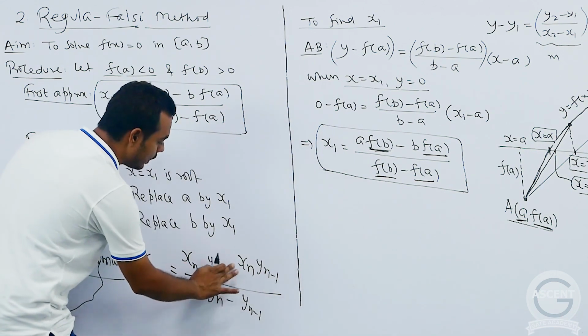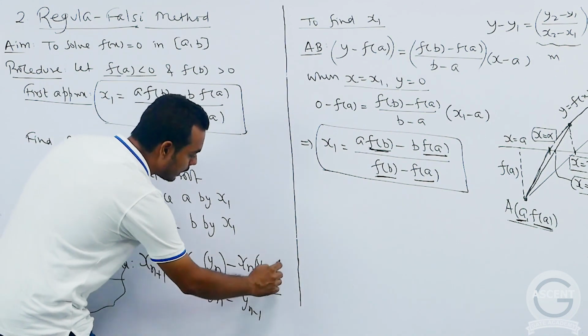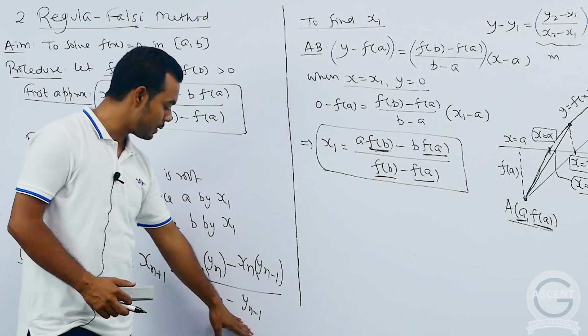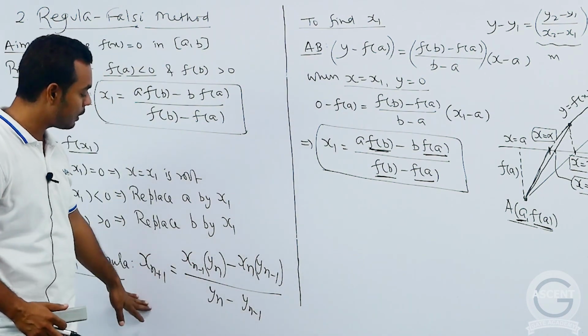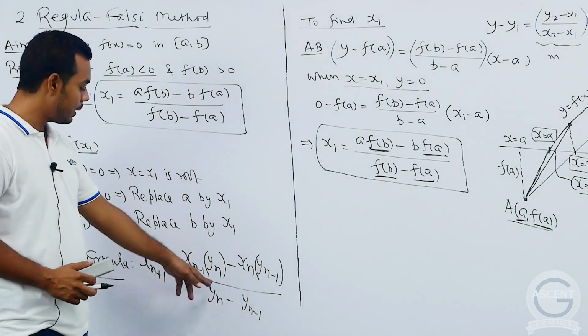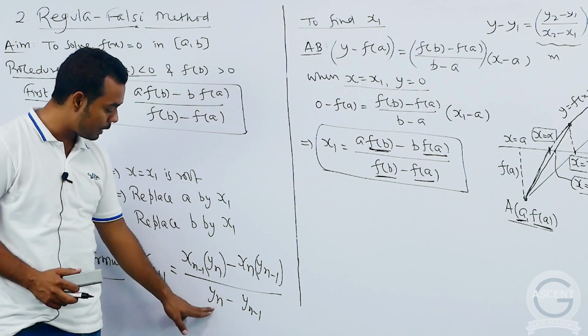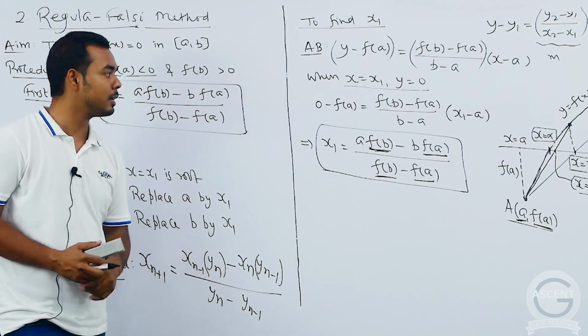You can do one thing to avoid any calculation mistake: always write y inside the bracket. In this way you know that in the denominator you have to write y(n-1). Since these will be some numbers, when you are performing the calculation you may get confused, so always write y inside the bracket and you will not have any confusion.